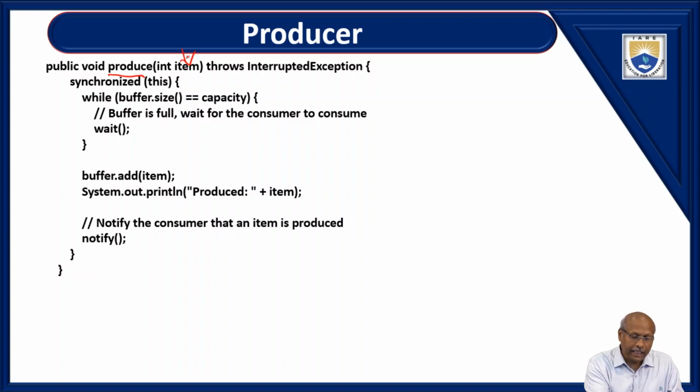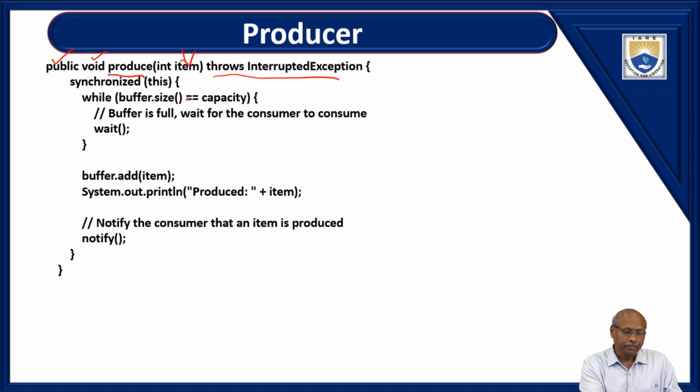It is a method which takes an integer, returns nothing, is publicly accessible, and it may throw an exception, because sometimes a runtime error may come. If a runtime error comes, I should have some mechanism to control it. For that, I am throwing the exception. Synchronize the block. Once I enter into the synchronized block, other threads cannot enter here.